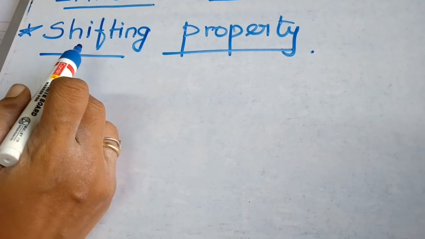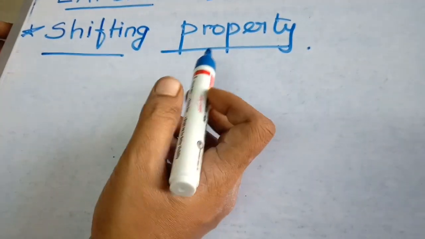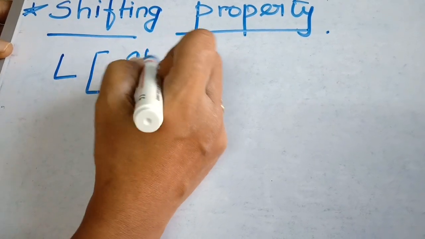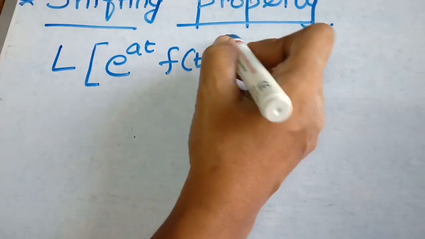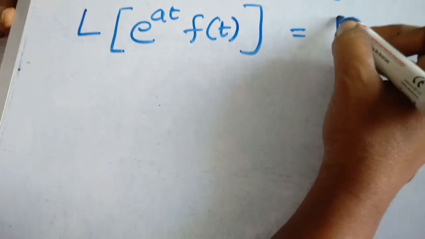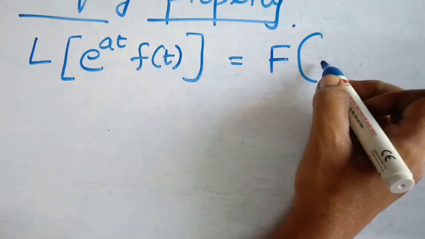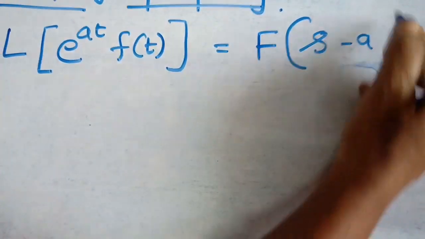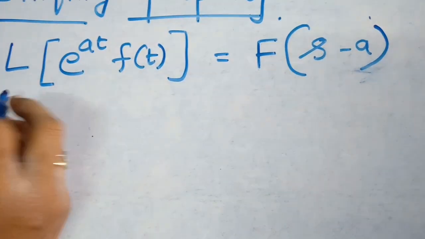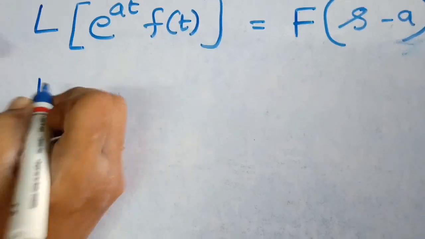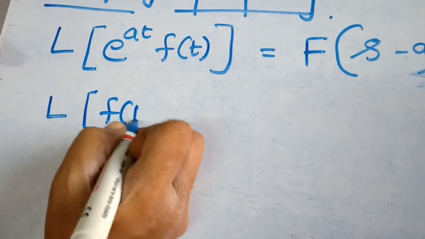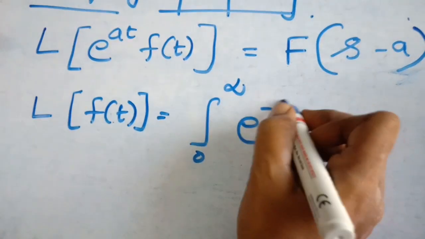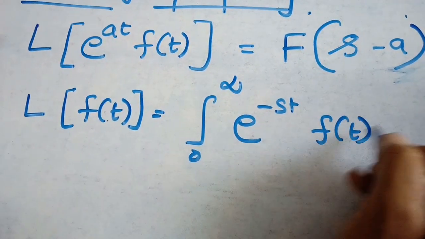Now we prove the shifting property of Laplace transformation, that is, Laplace transformation of e power at f of t is equal to F of s minus a. As you all know, the definition of L of f of t is integral 0 to infinity e power minus st f of t dt.